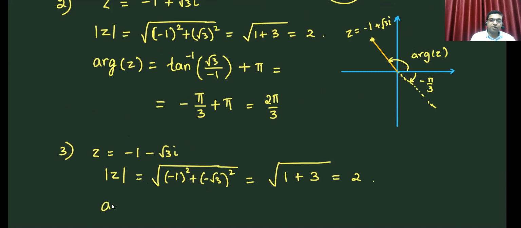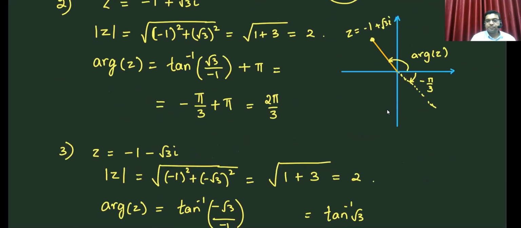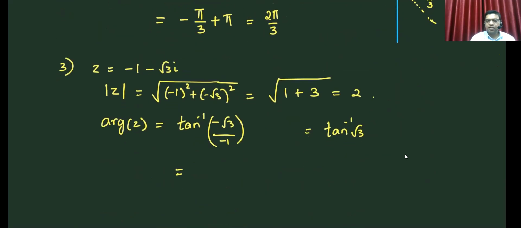Now argument, you tell me. You get tan inverse of minus root 3 by -1, so you get tan inverse of root 3. That is wrong, because here we'll plot it.